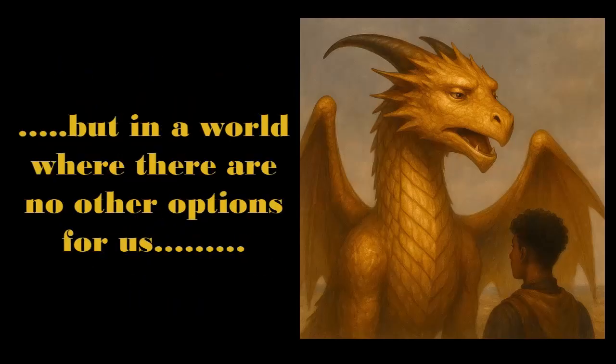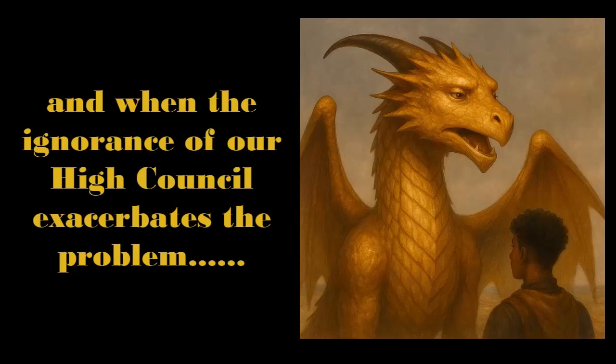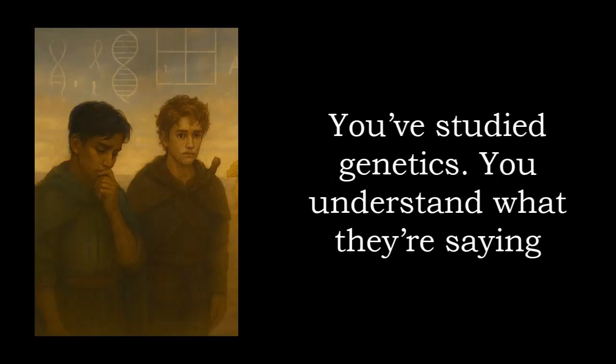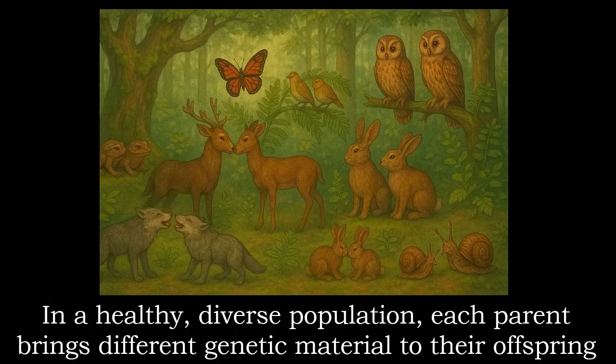But in a world where there are no other options for us, and where the ignorance of our High Council exacerbates the problem... You feel a chill. You've studied genetics. You understand what they're saying. In a healthy, diverse population, each parent brings different genetic material to their offspring.